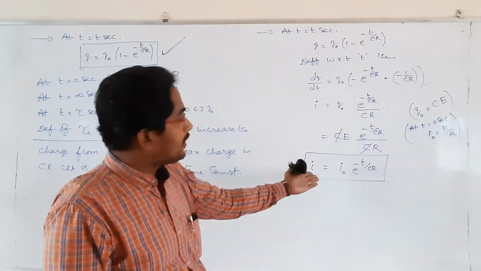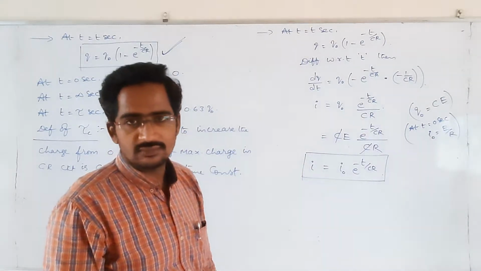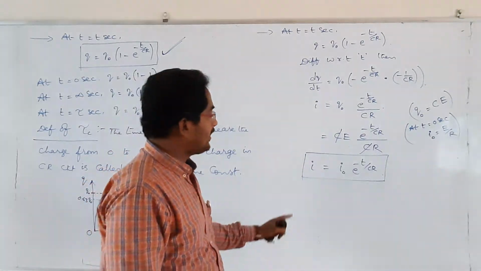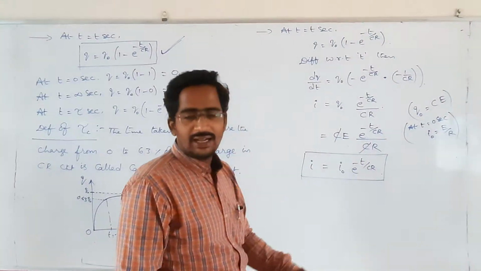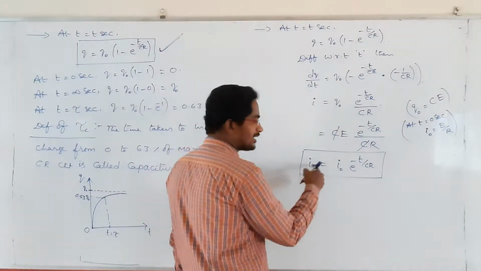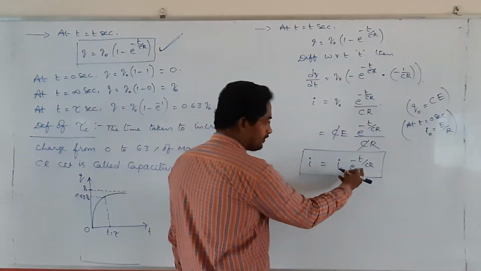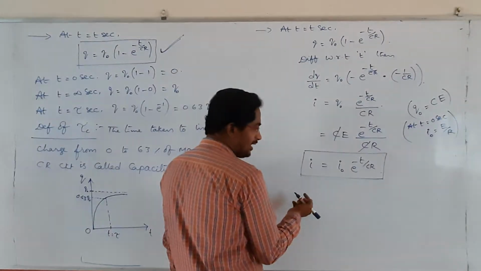So now we have obtained the current equation here. Then what is the graph shape for current? Simple: the current decreases exponentially with time. So we get a graph like this.